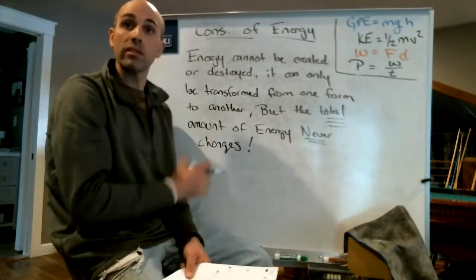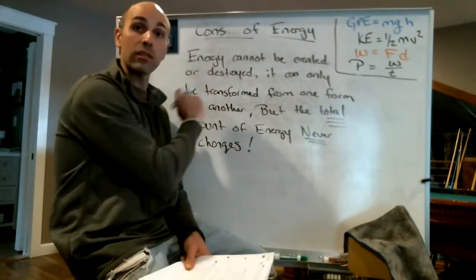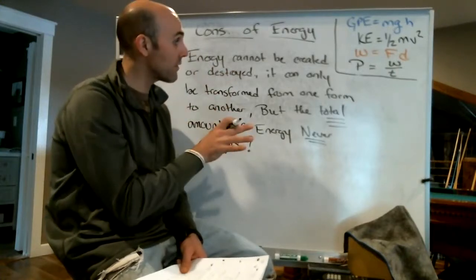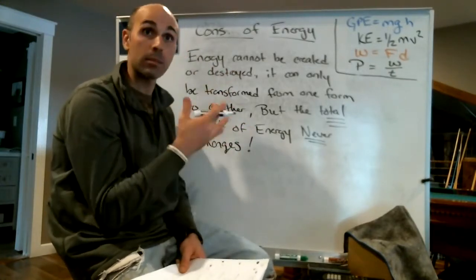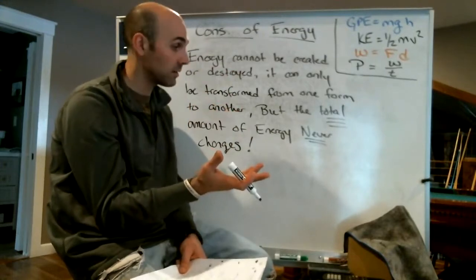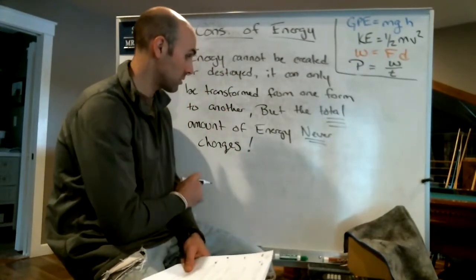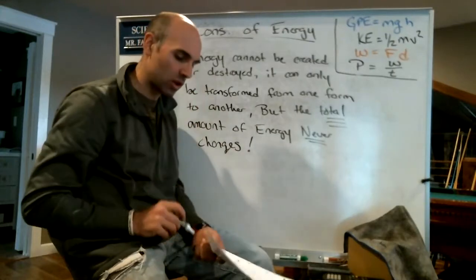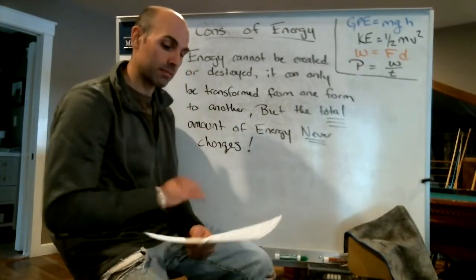So, pause this if you need to. Write this down. Very important. Energy is never created nor destroyed. It's transformed from state to state, kinetic to potential, potential to kinetic, right? But the total amount never, ever changes. So pause this, do whatever you need to do. Make sure you get this down.